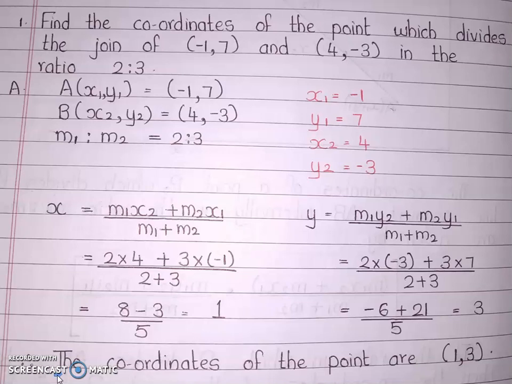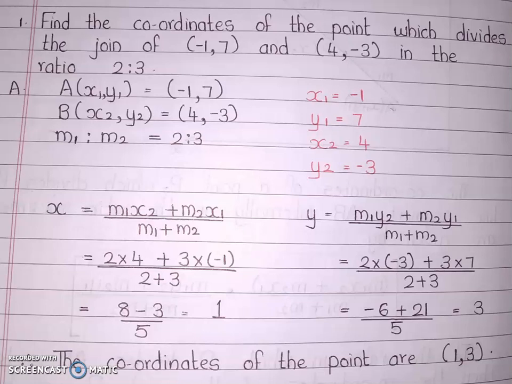First question. Find the coordinates of the point which divides the join of (-1, 7) and (4, -3) in the ratio 2 is to 3. Here, the first thing you have to do is fix which is (x1, y1) and (x2, y2). So, you can see I have written the x1, y1, x2, y2 values which I have taken in the question.